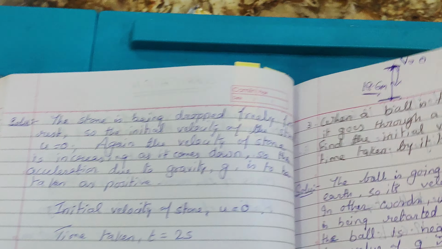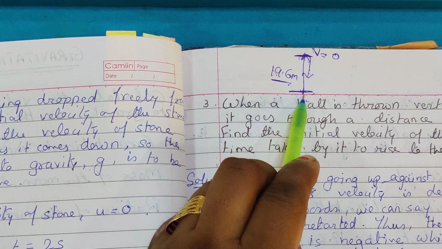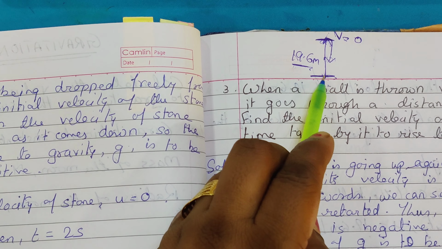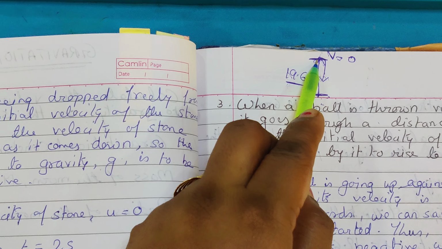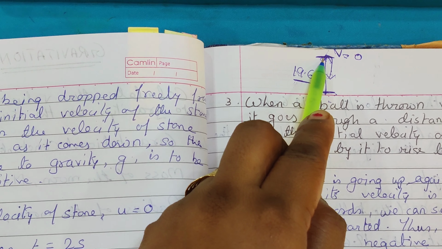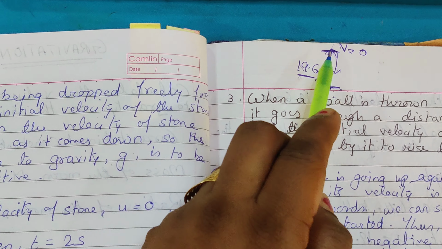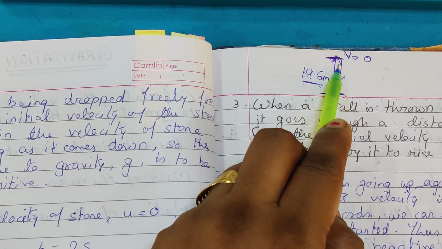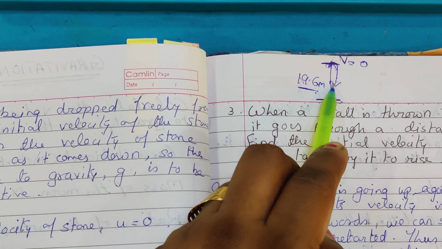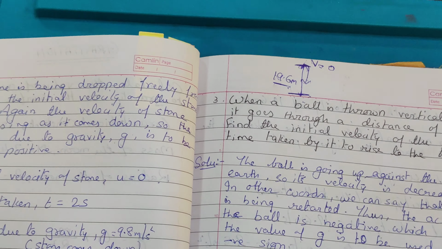Okay, see here beta, the ball has been thrown in the upward direction. Height 19.6 meter, 19.6 meter per second is the initial velocity, and it took 2 seconds to reach this point. At that maximum point v equals 0, and after that it falls down from that same height. 2 seconds to go up and 2 seconds to come down, means the total time is 2 plus 2, 4 seconds.